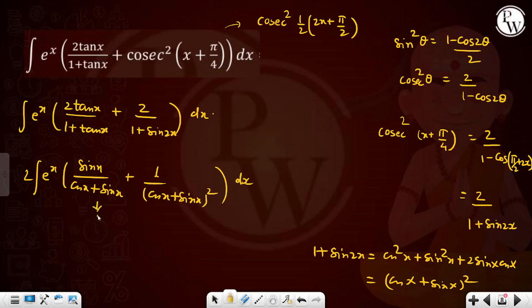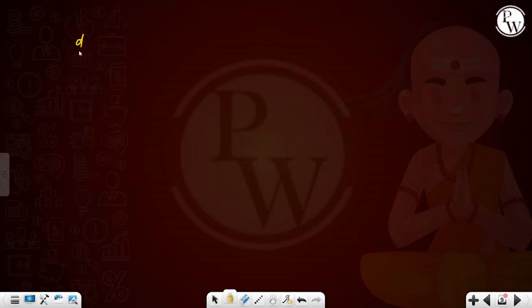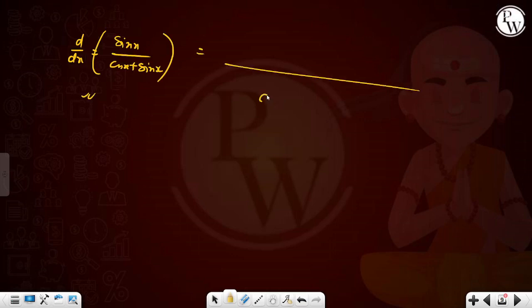Now identify this as f of x and find out its derivative. It will come as f dash x. You all do not agree? d by dx of sin x upon cos x plus sin x, we have to differentiate this function. So it will be cos x plus sin x whole square in the denominator. Now cos x plus sin x as it is, differentiation of sin x, that is cos x, minus sin x as it is, differentiation of cos x plus sin x.